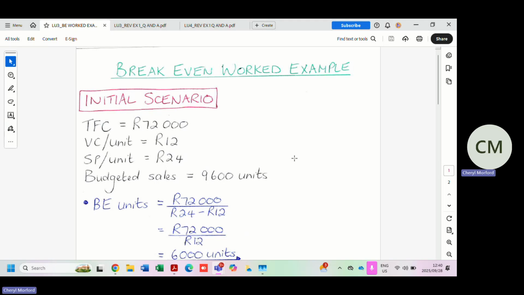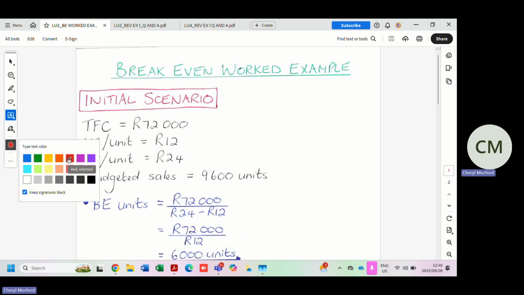In my initial scenario, we're going to say these are the facts. Total fixed cost 72,000, variable cost per unit is 12, selling price per unit 24 Rand, and the budgeted sales 9,600 units. So you should remember how we're going to calculate our break-even units. It's as it was before in FINM 2A.